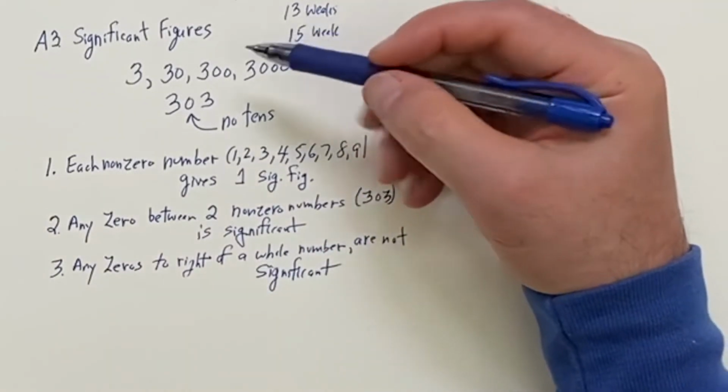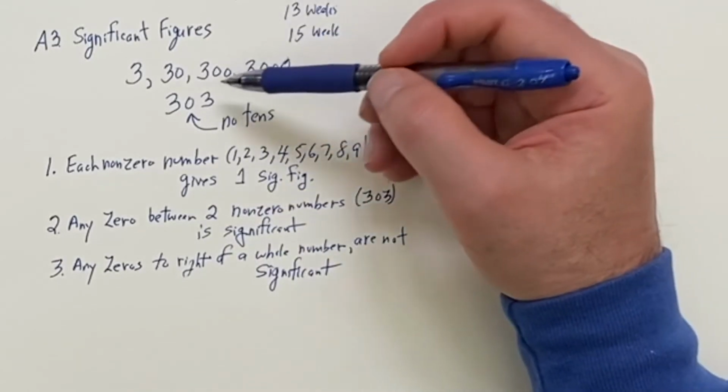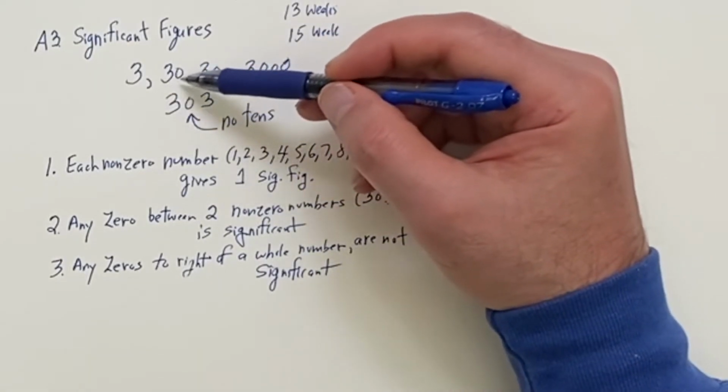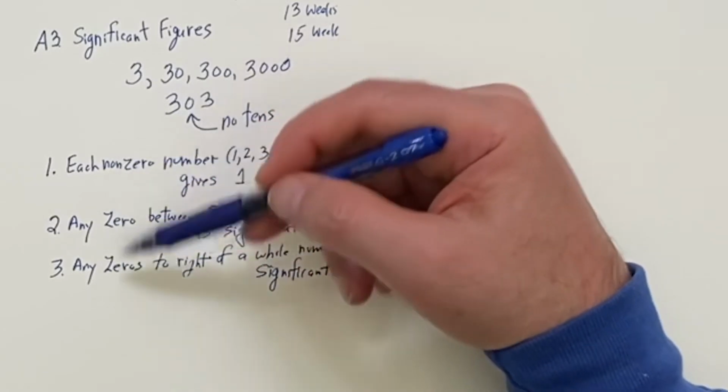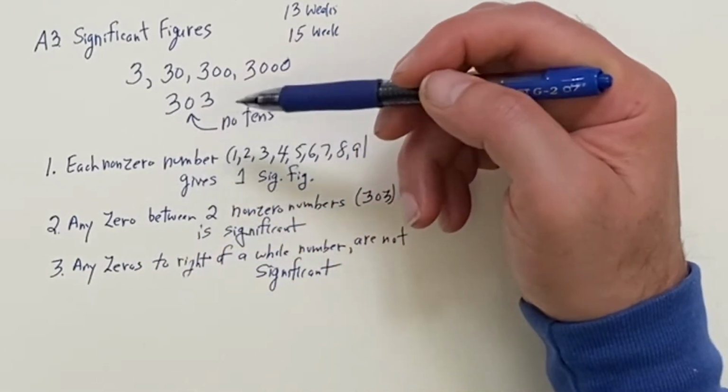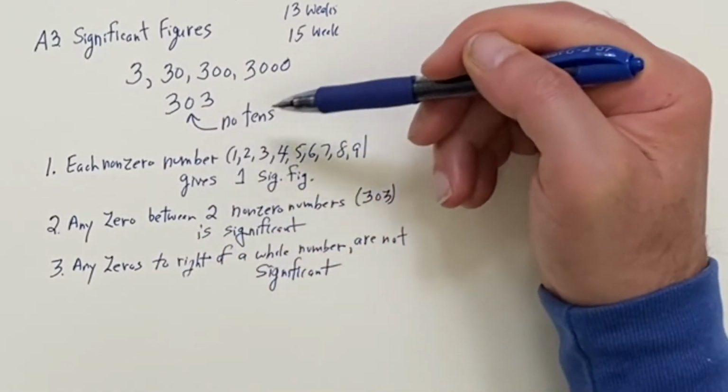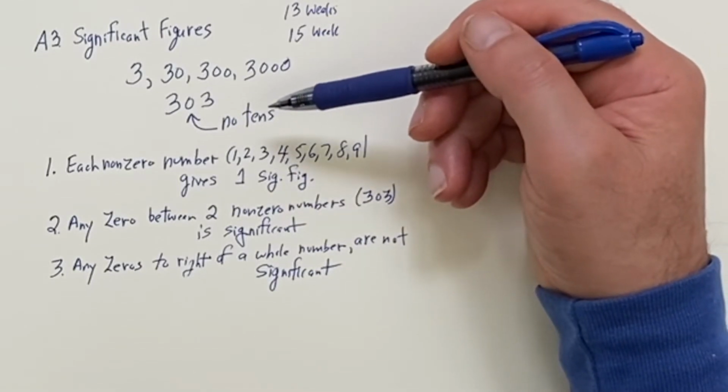So we basically know these rules from common sense, that when you have the zeros at the far right, they are not significant. We can make a list of the rules, but we are in a sense deriving these rules from common sense.